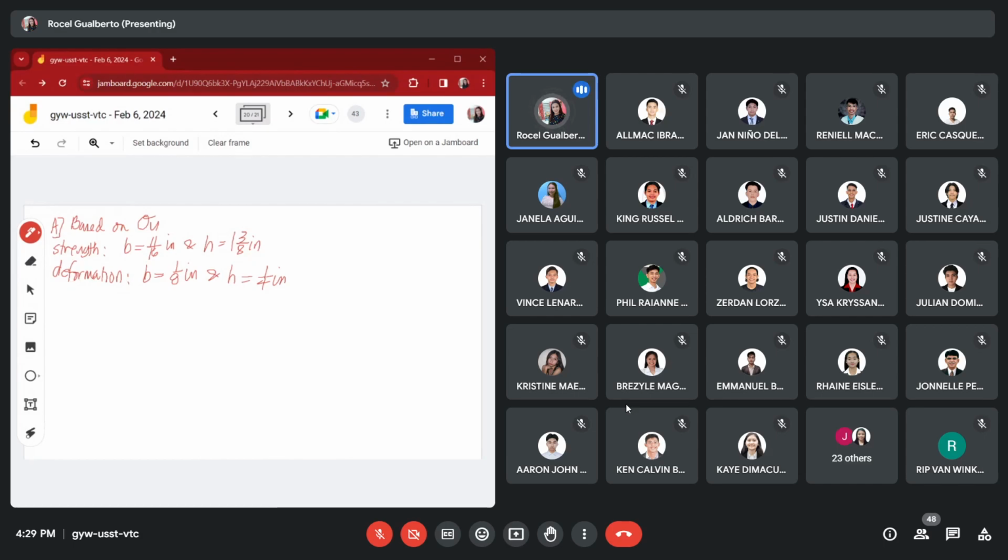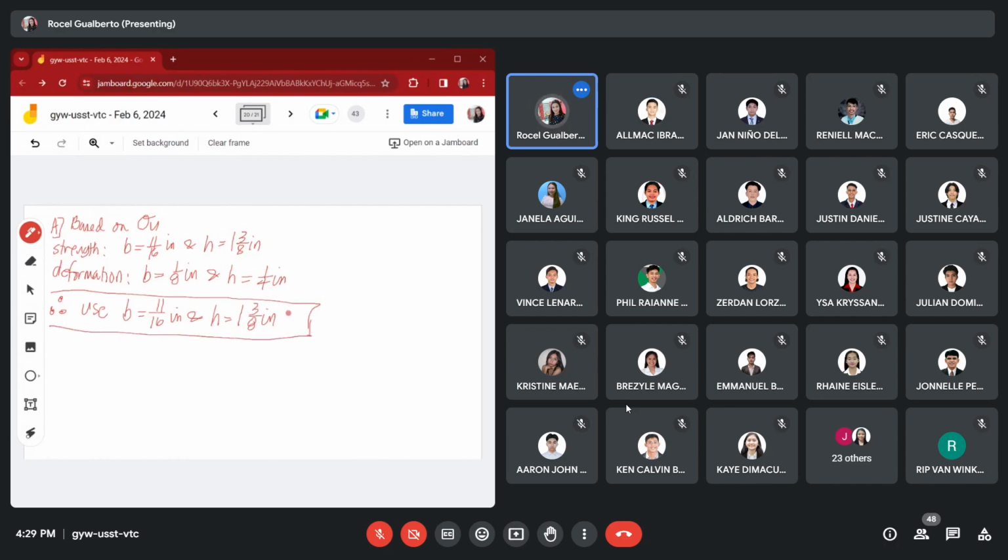So, alin po yung mas malaki dun sa dalawa comparing the strength and the deformation failure? Yung galing po sa strength failure. Okay, correct. Use b equal to 11/16 inches and h equal to 1 and 3/8 inches.